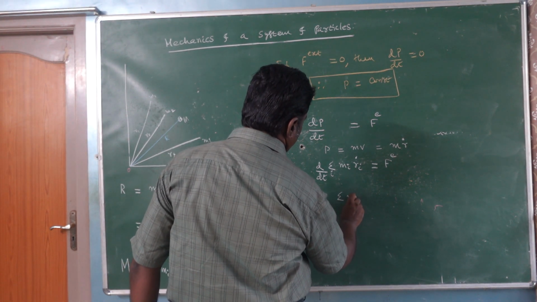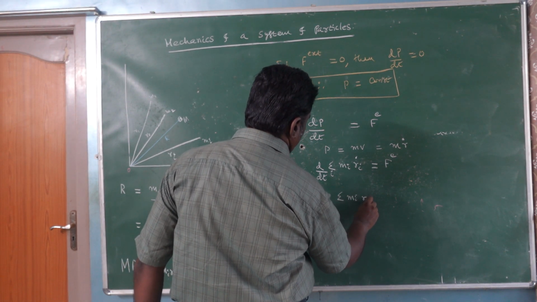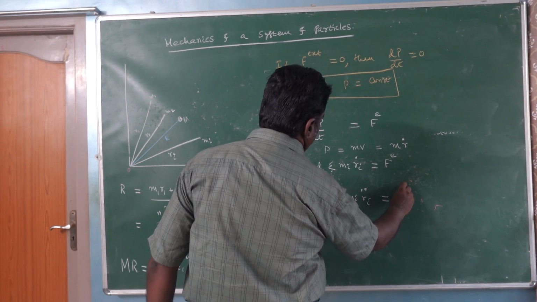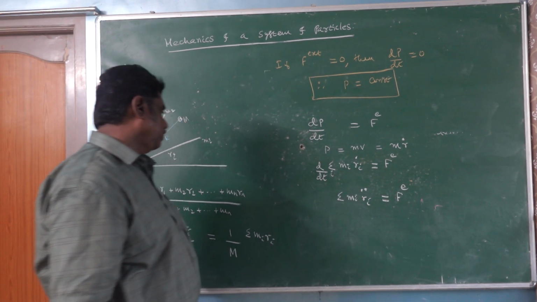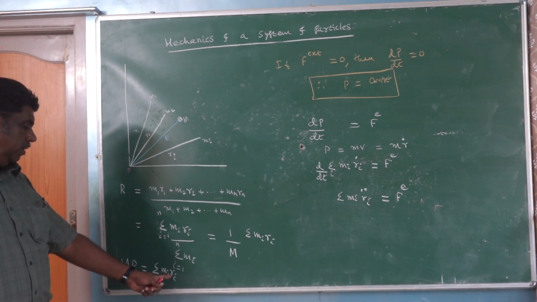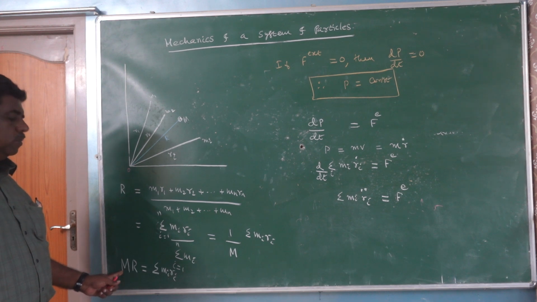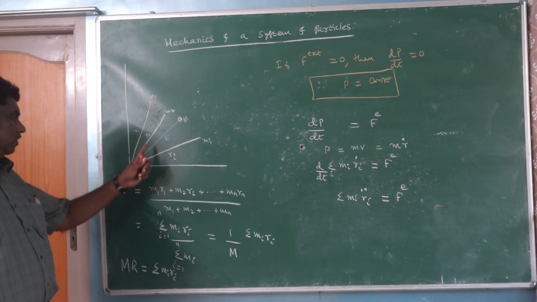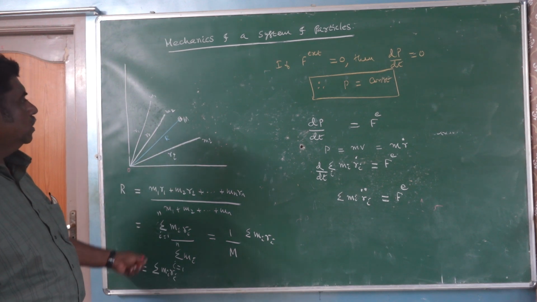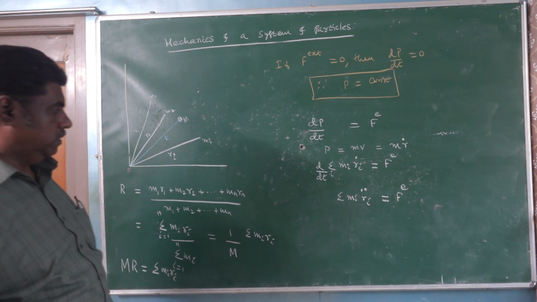Then we can write summation mi ri double dot equal to F external. See this relation, summation mi ri is equal to capital M into R. M is the mass of the system, R is the position vector of the center of mass.